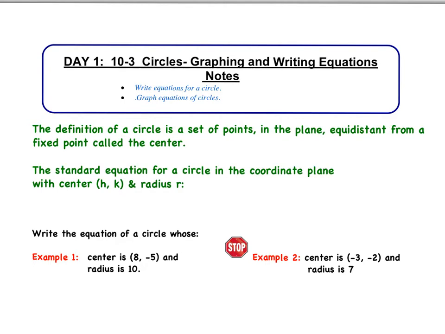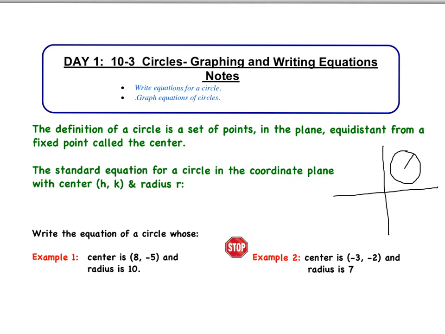center. So if we just sketch what that means, in our coordinate plane, a circle has a center, and a circle then is all of these fixed points that are equidistant from that center.